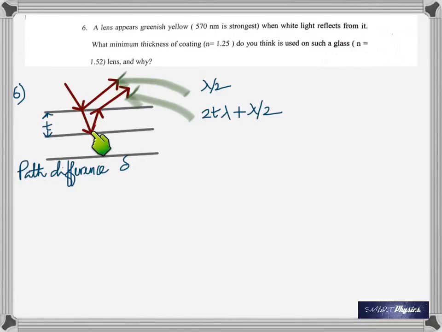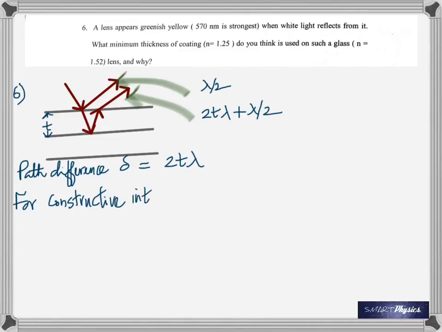So the path difference is going to be the actual difference between these two. I'm still writing the wrong thing. It should be 2nt. I'll correct it. So path difference is actually this minus this, so the lambda by 2's will get cancelled.